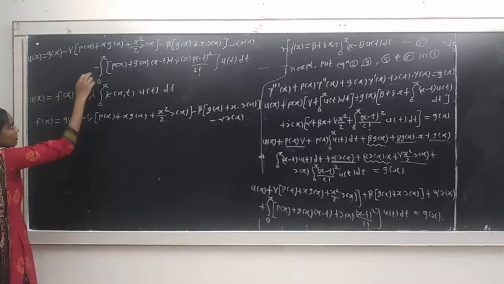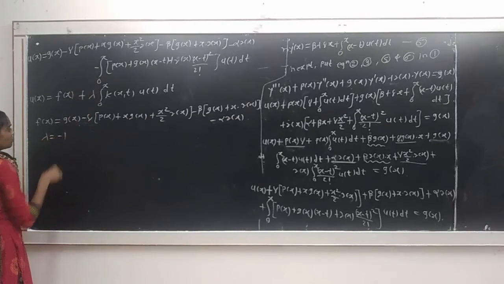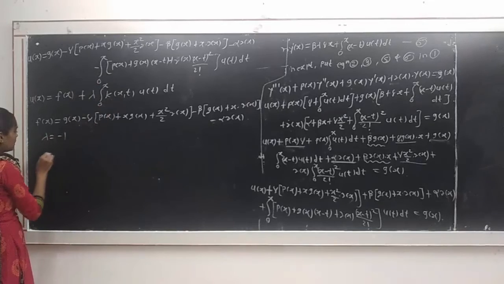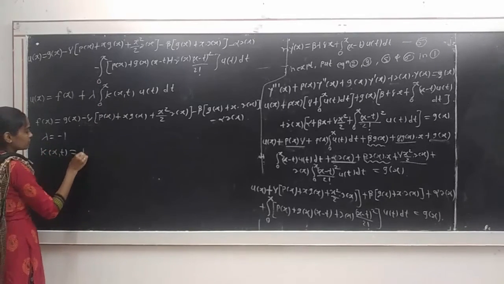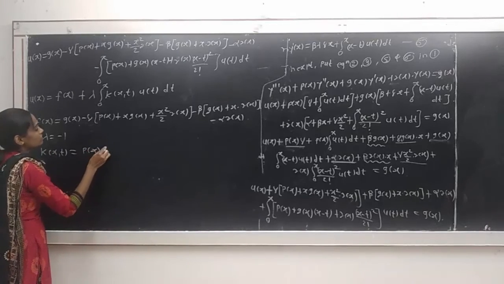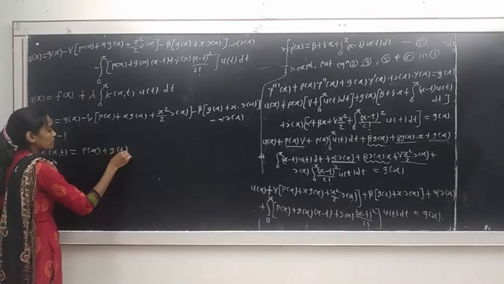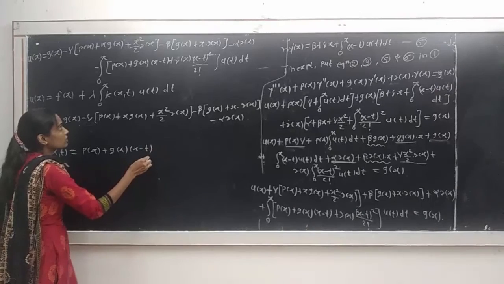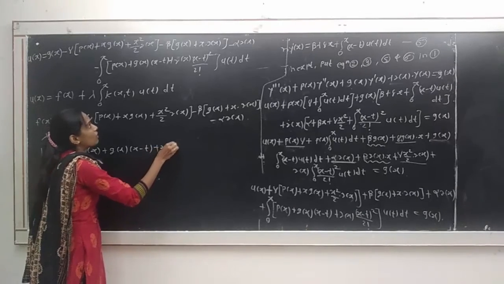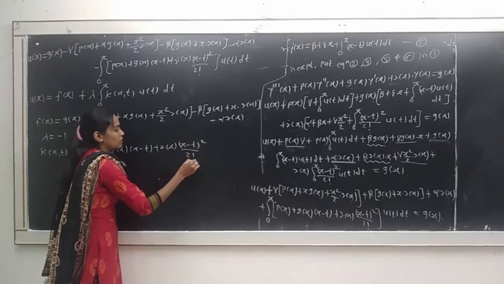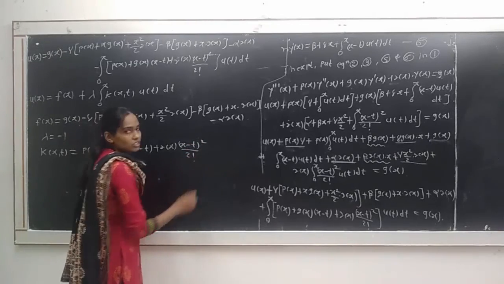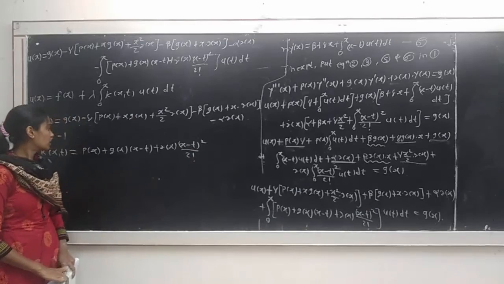Then lambda is equal to minus 1 and the kernel k of xt is equal to p of x plus q of x into x minus t plus r of x into x minus t bracket square divided by 2 factorial. This is the kernel of the given integral equation.